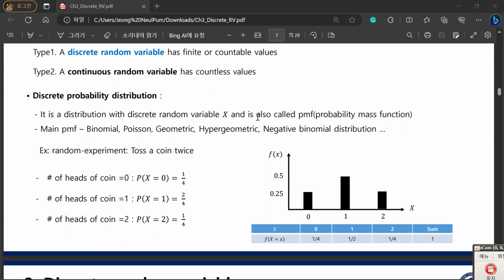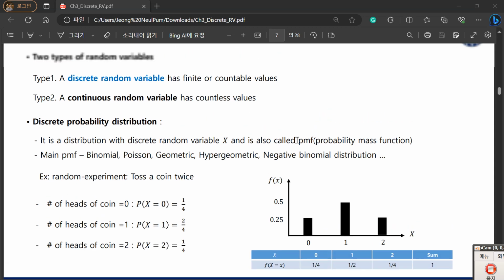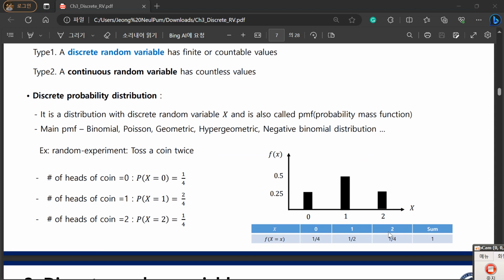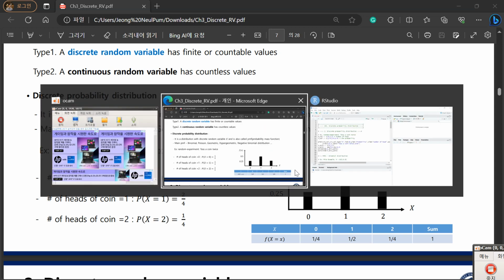So we call the probability distribution the PMF, the abbreviation of probability mass function. And we also have a discrete graph when we visualize the probability of a discrete random variable.